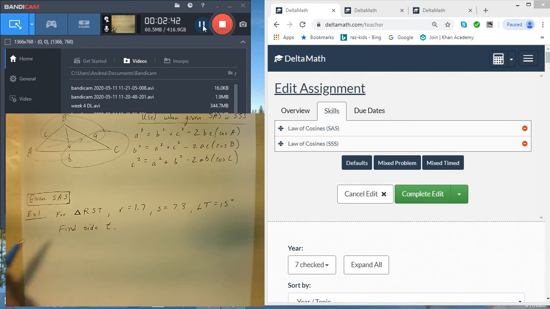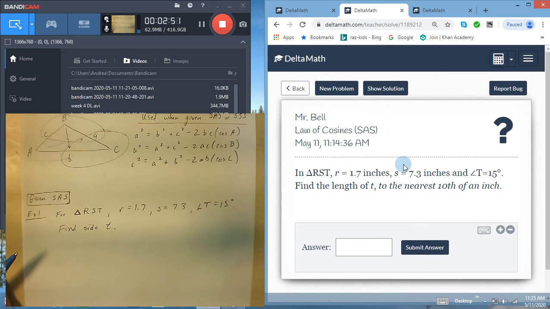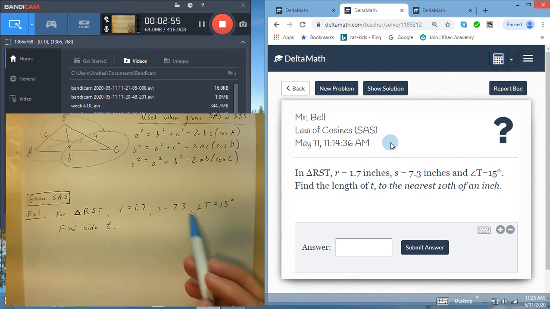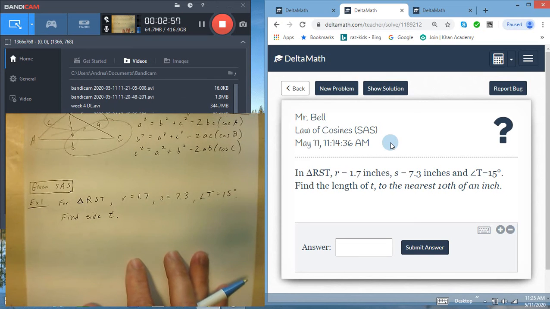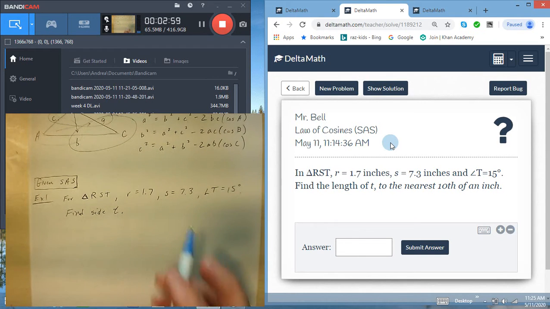Example 1. Here are the two skills you'll be working on this week: side-angle-side and side-side-side. Here's the problem I have queued and ready to go. We're given this information. First thing you want to do is draw a triangle, so you see the big picture.